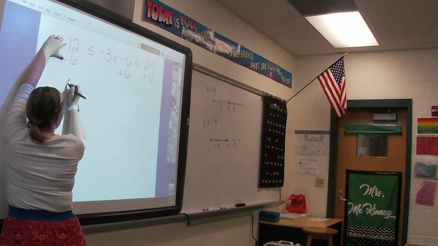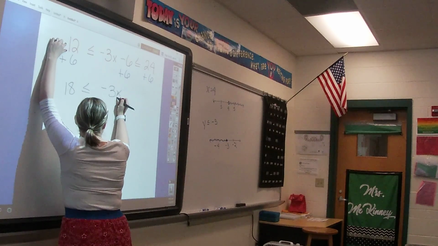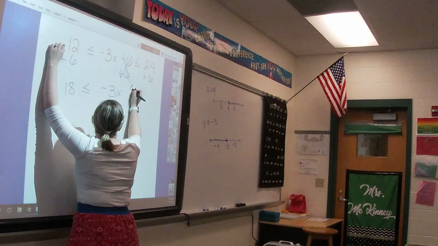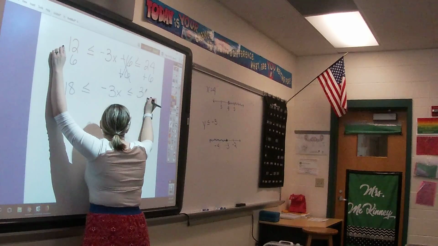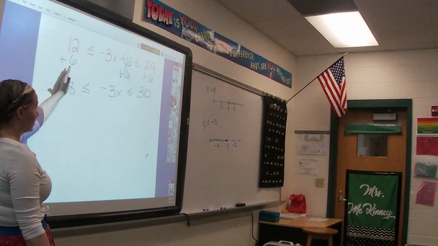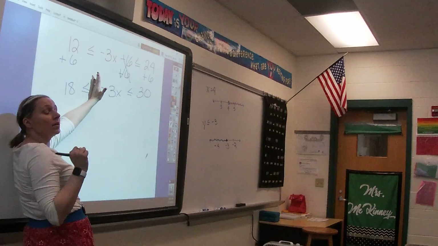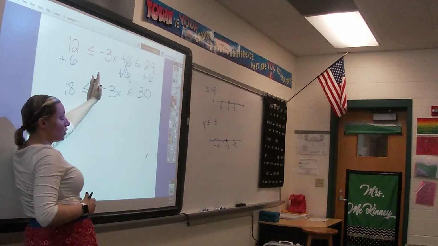So 12 plus 6 is 18. I don't have x by itself yet, so I have to start the entire process over again. So what am I going to do next? Divide by -3.